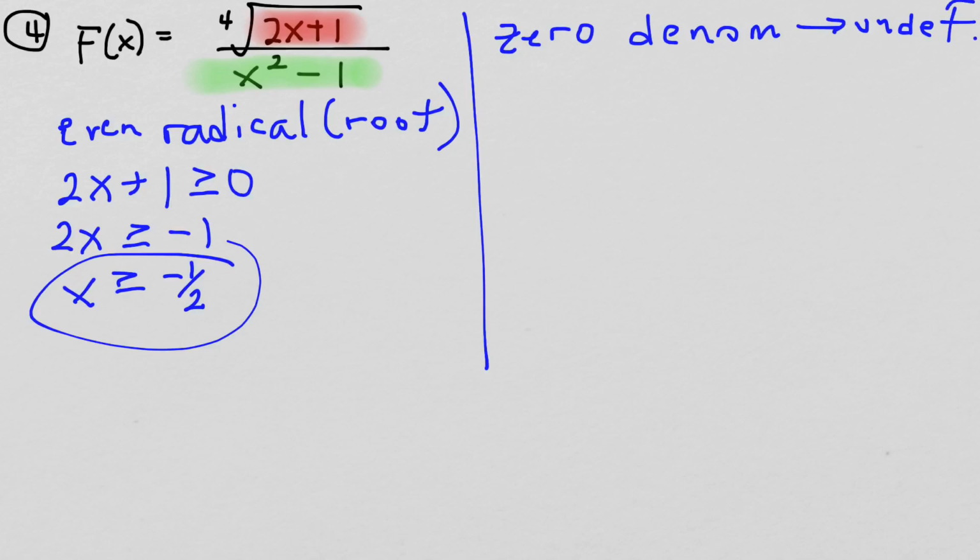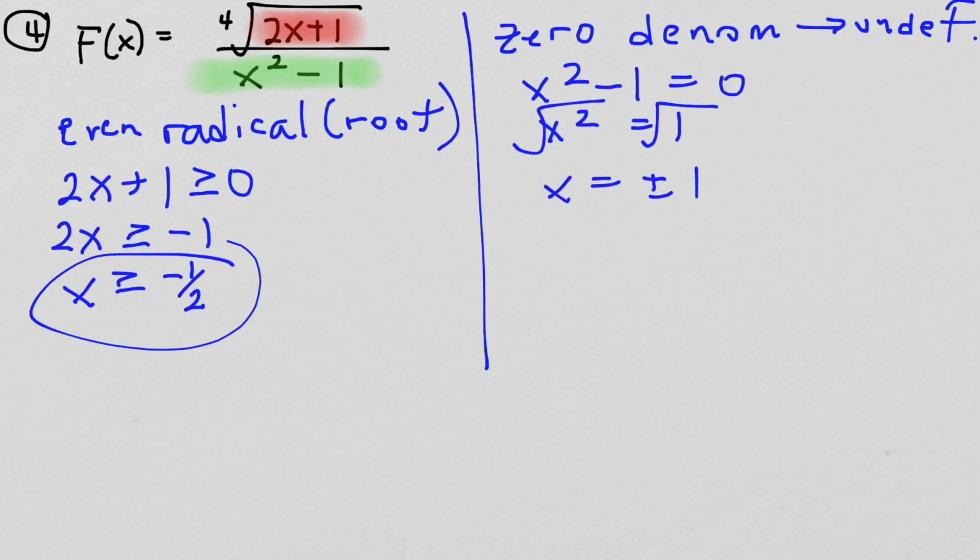So that means that x squared minus 1, what causes that to be 0? Let's just solve it. Square root. All right, so when x is either plus or minus 1, we've got a problem, a 0 in the denominator.